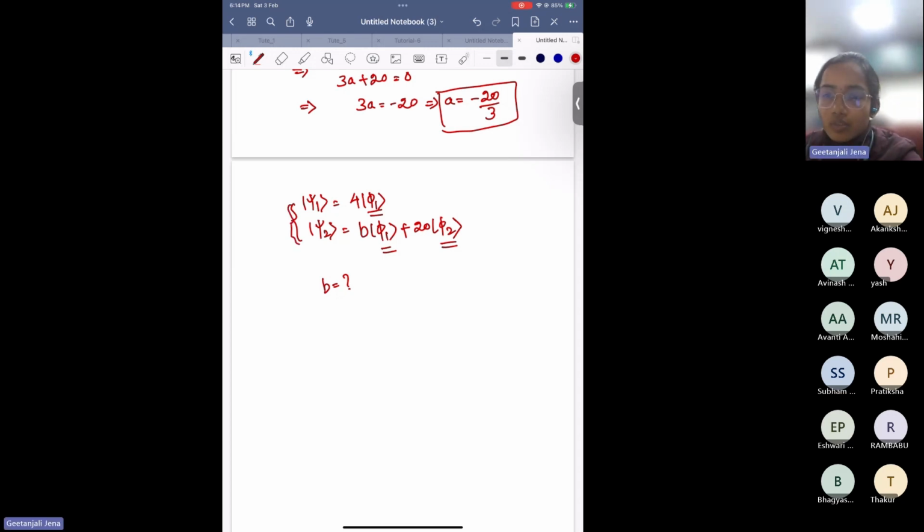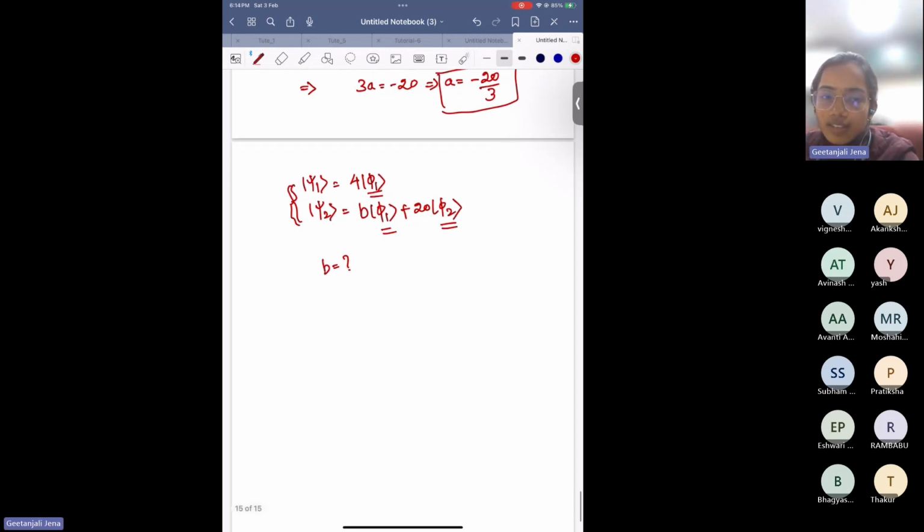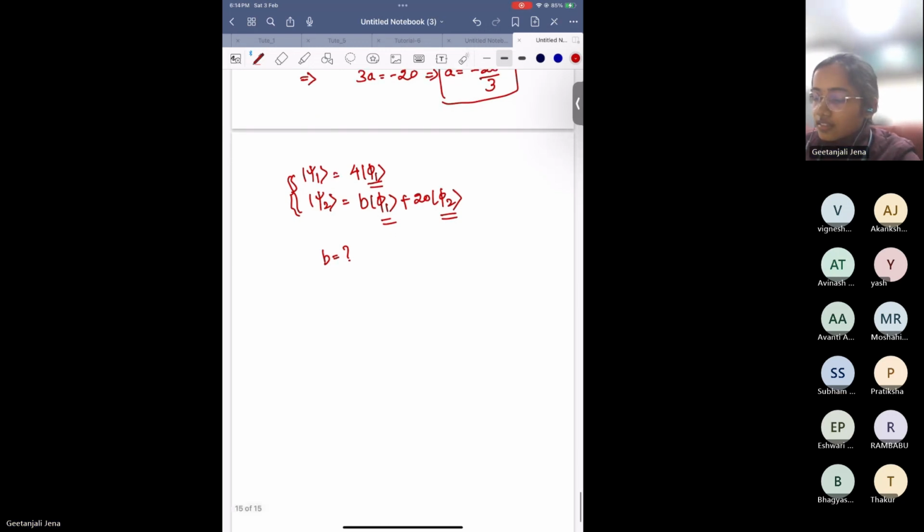You have seen the previous question, how I solved it. So tell me the answer of this question. Just attempt it once. These phi 1 and phi 2 are orthonormal states.